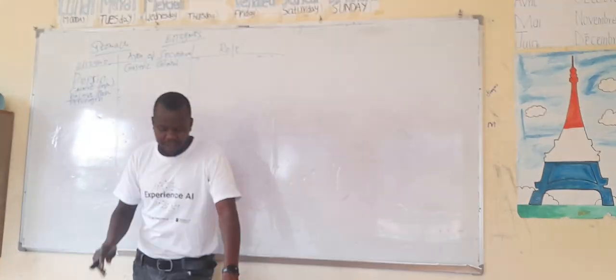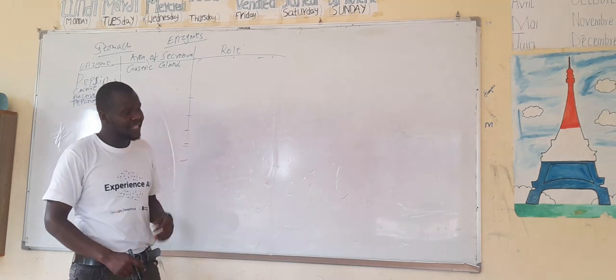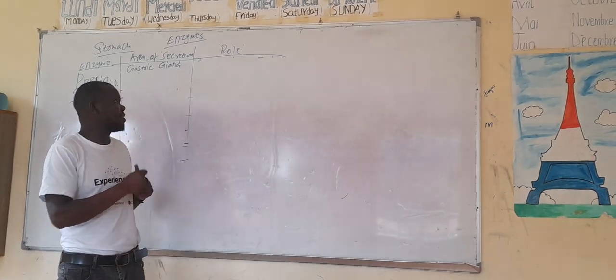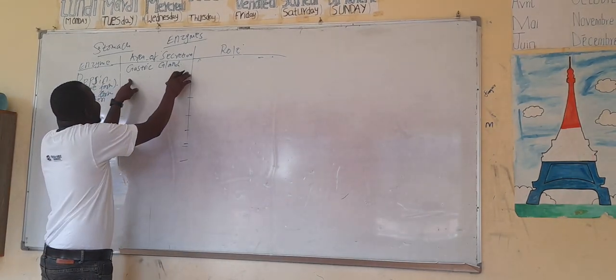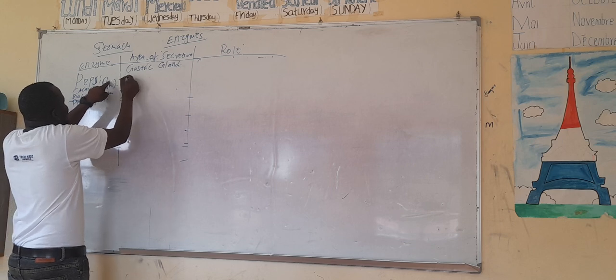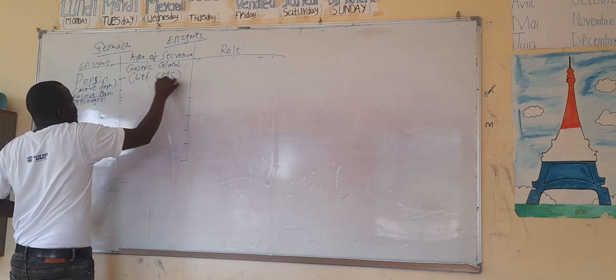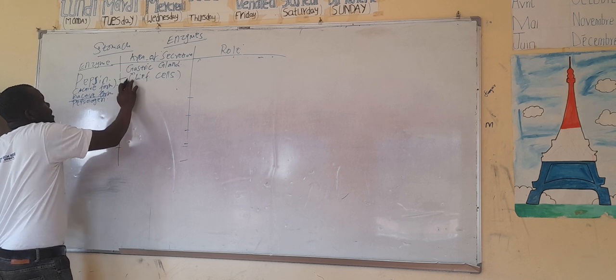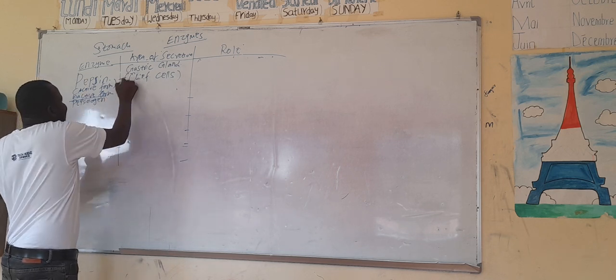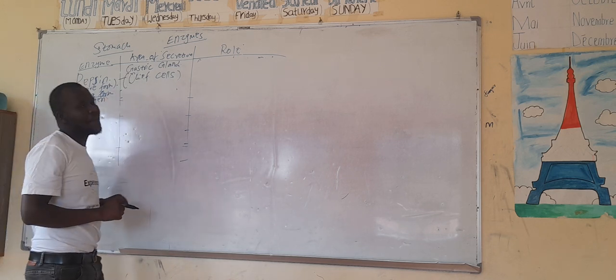What will be the role of pepsin, and where is it produced to be specific? The area of secretion is the gastric gland, but the specific area is the chief cells. The chief cells are the ones producing pepsin.